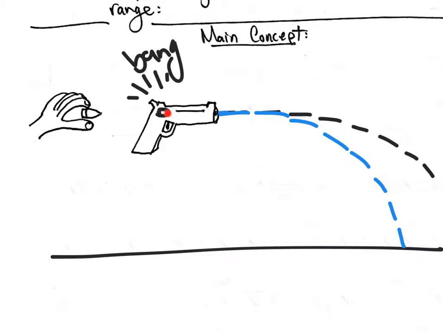But the fact that the bullet is moving to the side does not affect the fact that it is falling. So the bullet that I'm holding in my hand is going to fall, and the bullet that comes out of the gun is going to fall as well. And this bullet and this bullet are actually going to hit the ground at the same time.